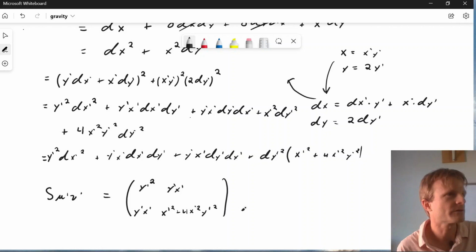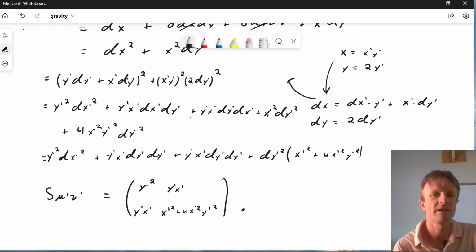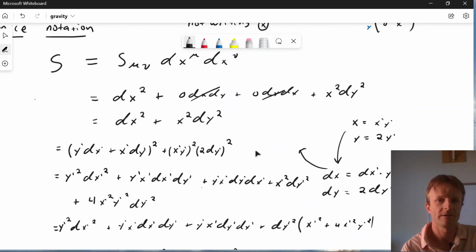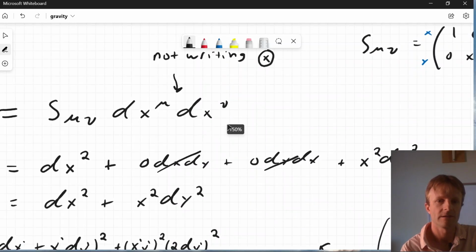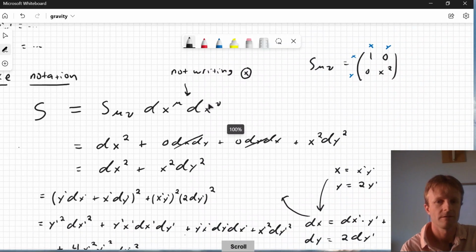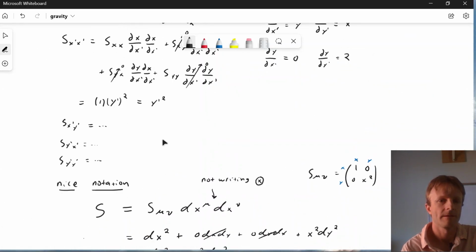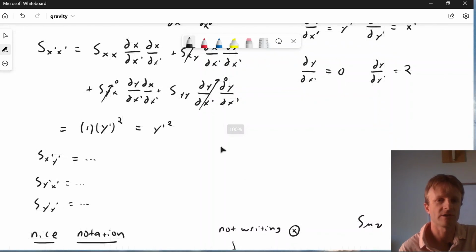Both of those were a little annoying. They had a few lines. But in this one, I got all 4 components of the tensor in one fell swoop, whereas up here, I only got the x prime component, which was y prime squared, and this is just a 2 by 2, so there was still work to be done to get the others.